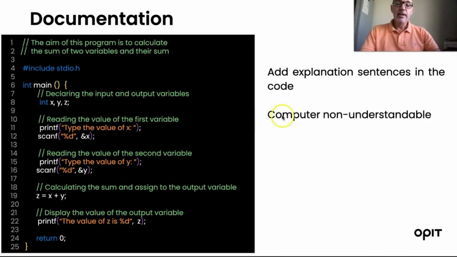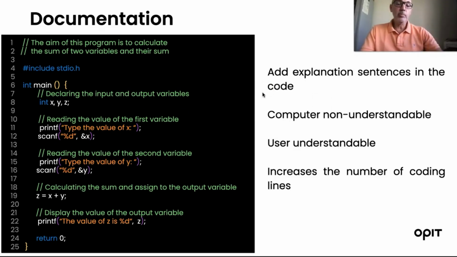This means that this documentation, these sentences, these comments are not understandable by the computer. The computer ignores these comments, okay? They are user understandable, of course. They are intended to be understood by the user. Of course, it increases the number of lines, because we add some new statements that the computer will ignore, but it eases the user's reading of this program.